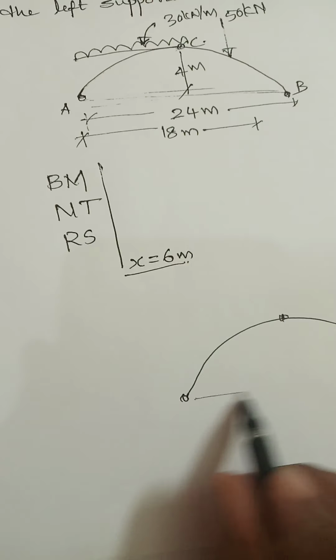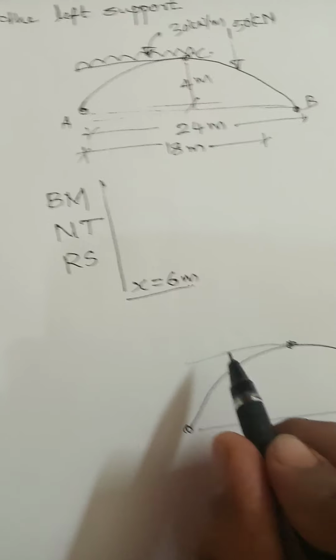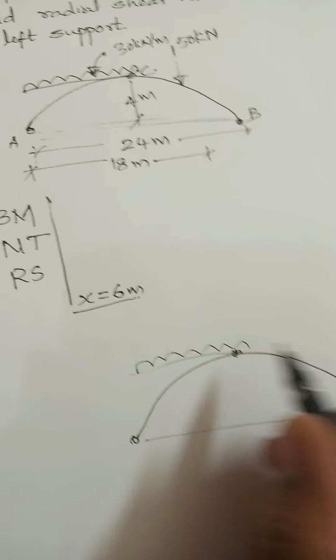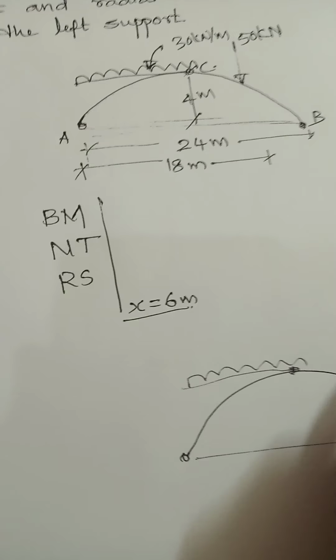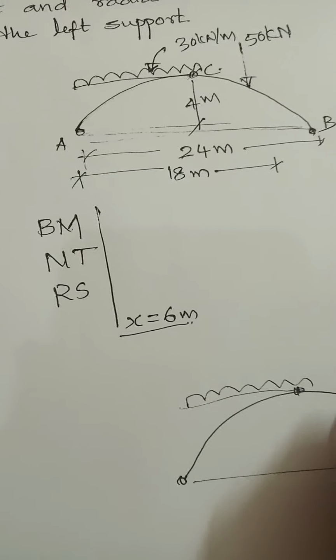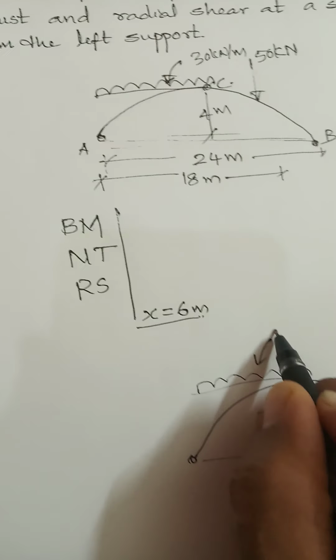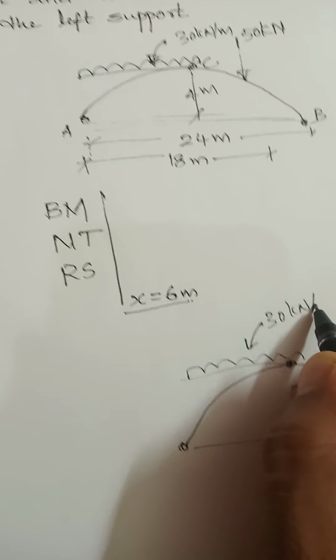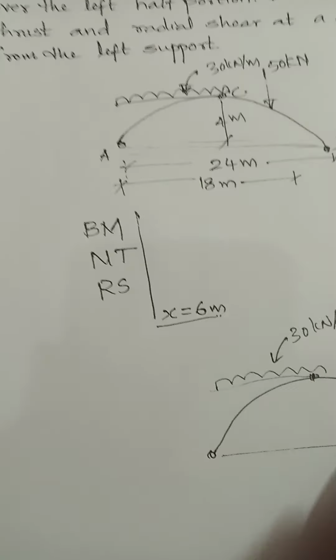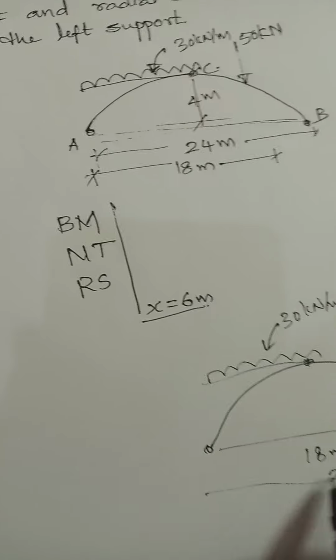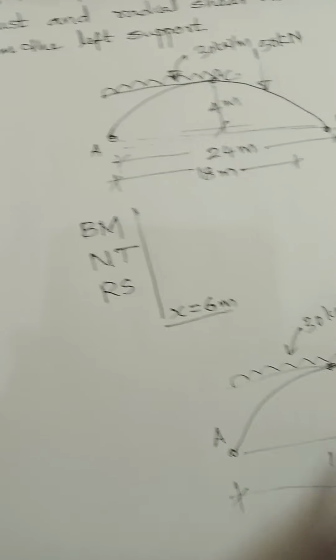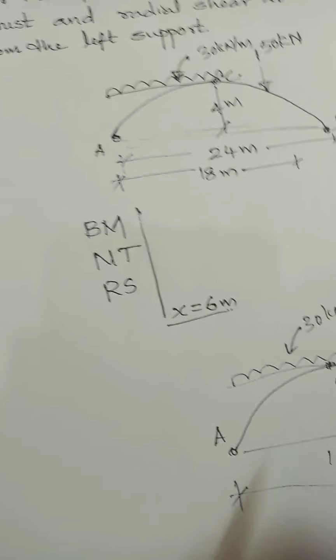While finding out, I will be applying the equations of static equilibrium. We'll write as it is whatever is given: 30 kilonewton per meter, 50 kilonewton at a distance of 18 meters, and 24 meters is the span given. Here I'll write the names as A, B and C.